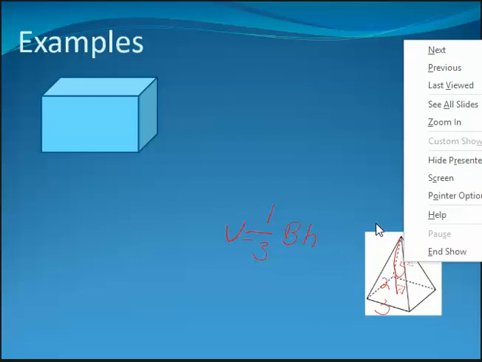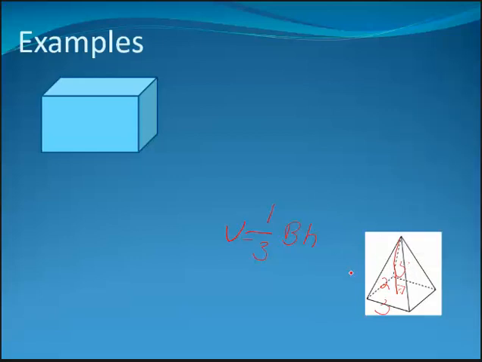Again, we need to find the area of my base. I do that as a separate equation. The area of my base is a rectangle, so it's going to be length times width.